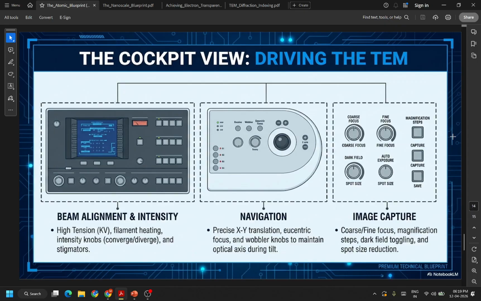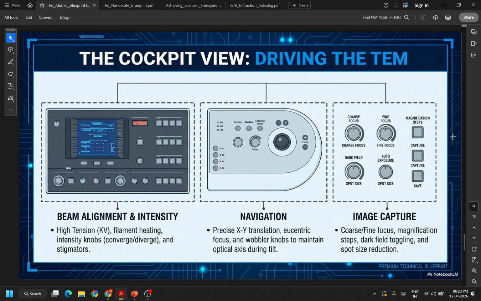So that is everything that is happening inside the TEM. But outside you have the controls, which include beam alignment and intensity control. You can change the kilovoltage, the heating temperature of the filament, intensity knobs like convergence and divergence using condenser lenses and aperture, as well as stigmators to improve the resolution and reduce stigmation and other errors.